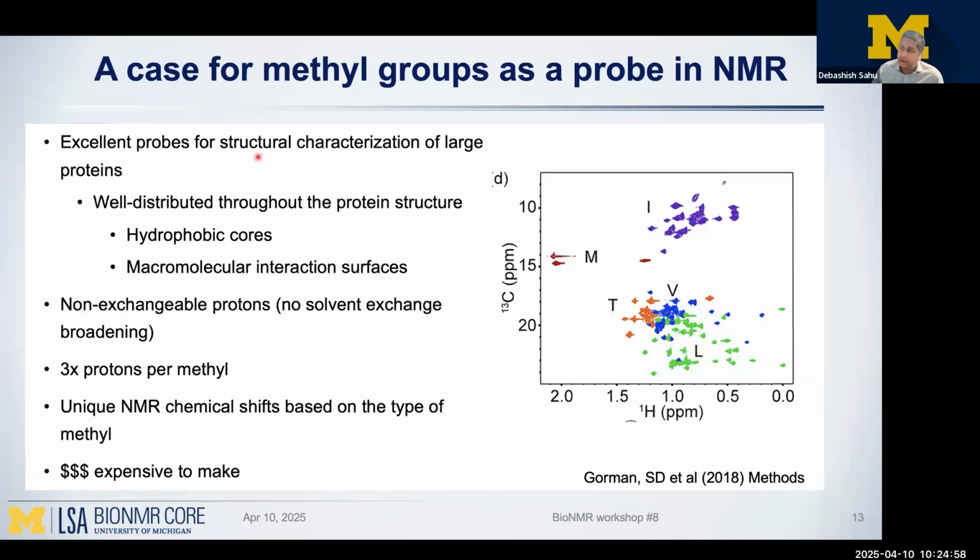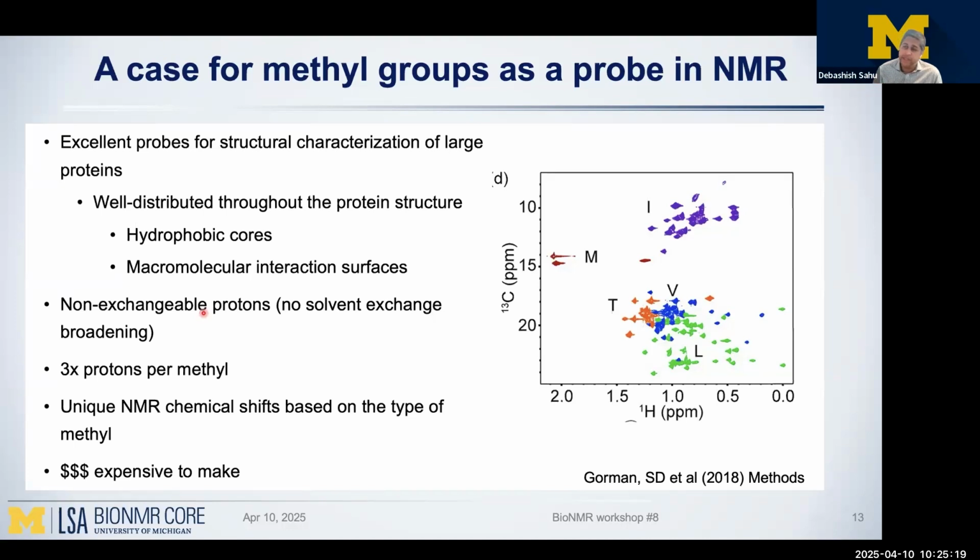The other good thing about methyls is they are non-exchangeable protons. Unlike amide protons, which can exchange with the protons in your solution, especially water, and you have the solvent exchange that could also contribute to line broadening.